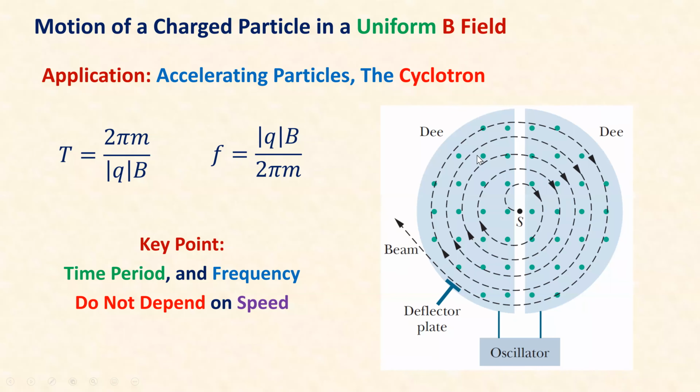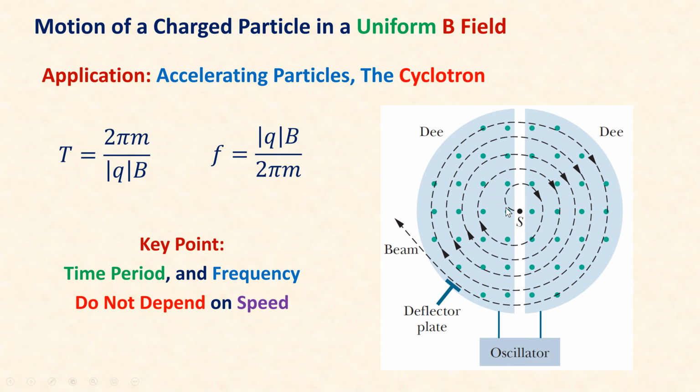You see, these dots are the magnetic fields that are out of the page, perpendicular to the page. So if the particle is positive, you see that when it's going this way, there's a force this way, so it turns in this direction.